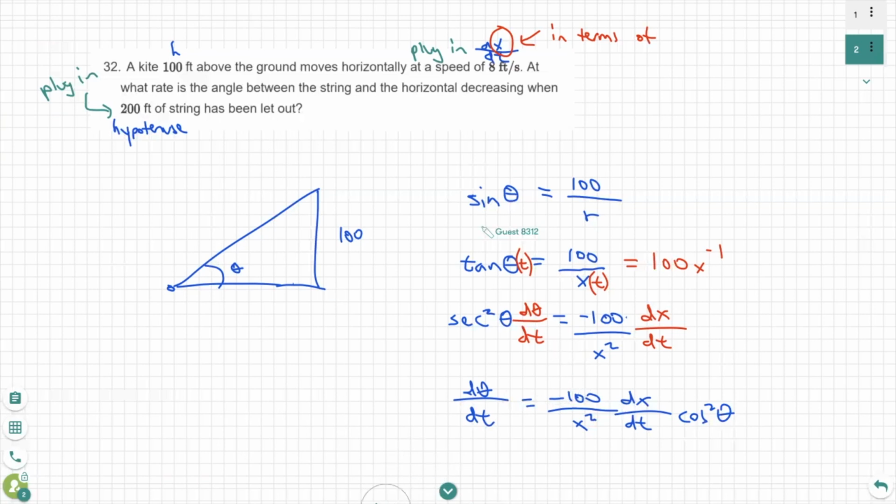Our hypotenuse, so our r, is going to be 200. And we need to figure out x in order to get cosine and x squared.